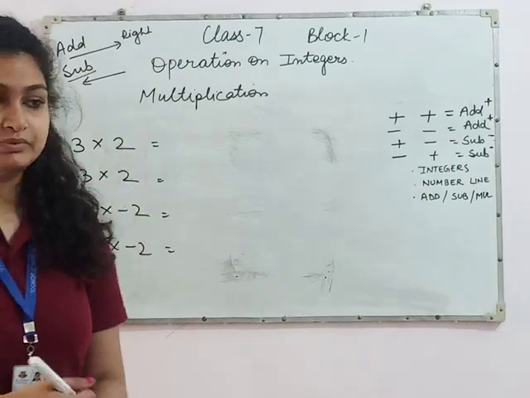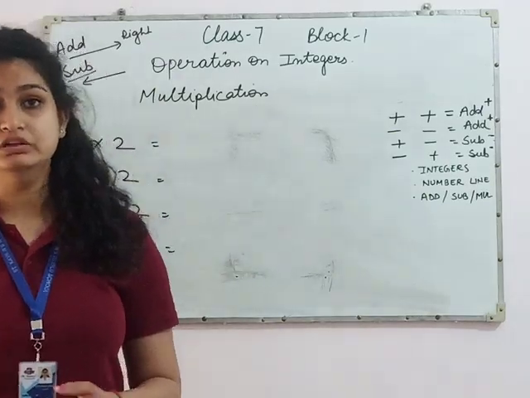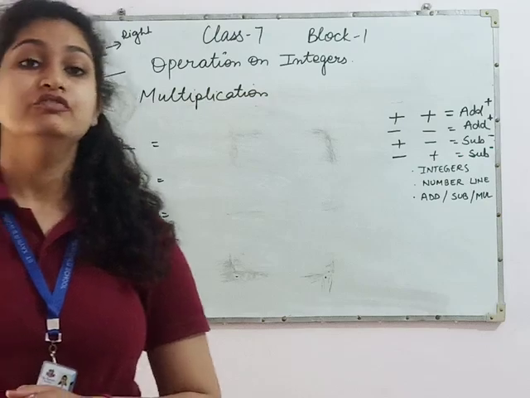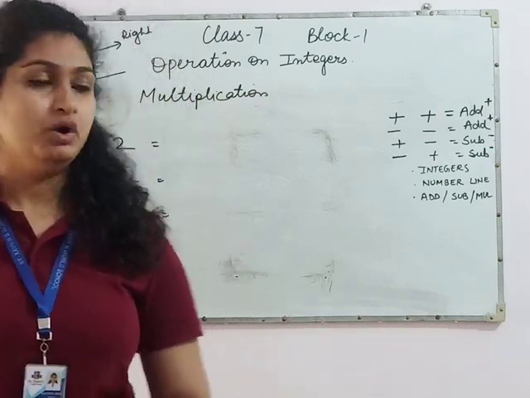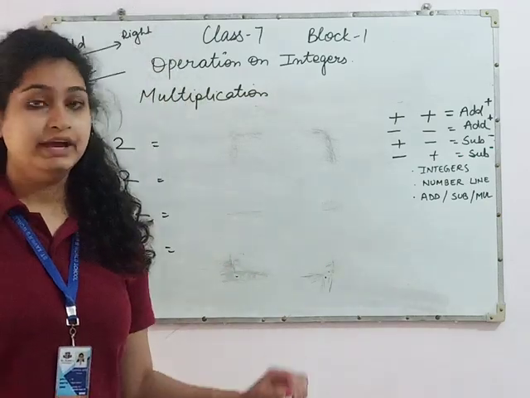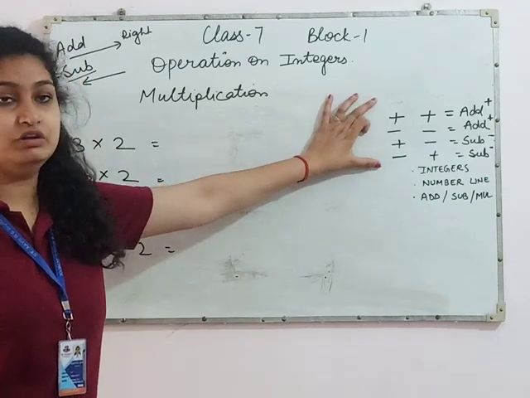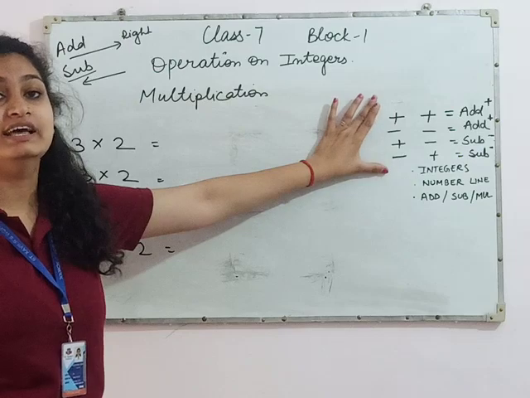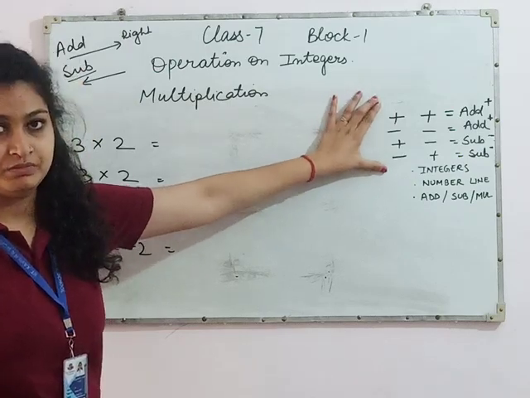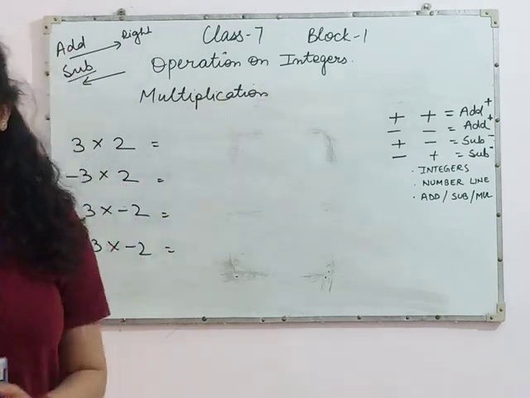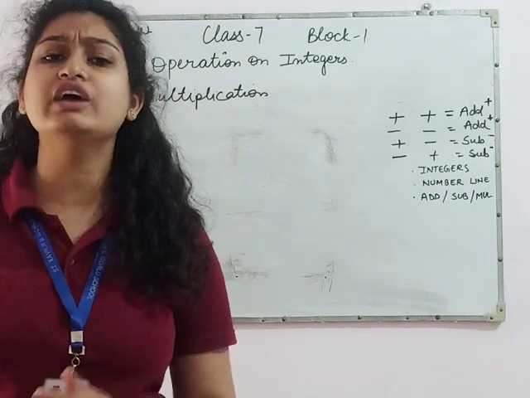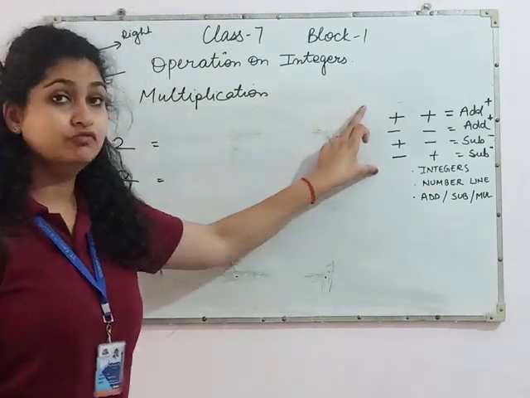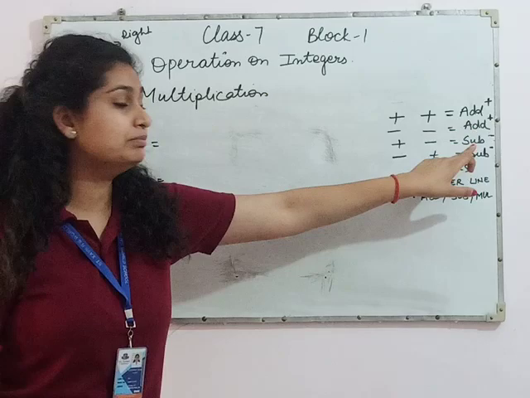In addition and subtraction, we are deciding the symbol of the final answer with the help of absolute value. But here it is not so. There we are deciding which operation we have to choose using this box, either addition or subtraction.